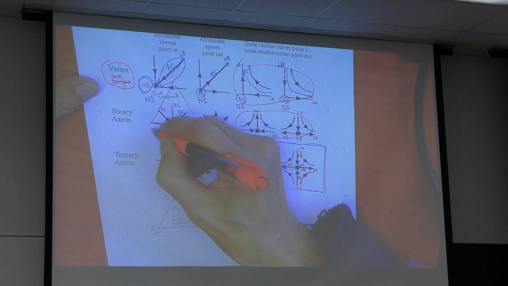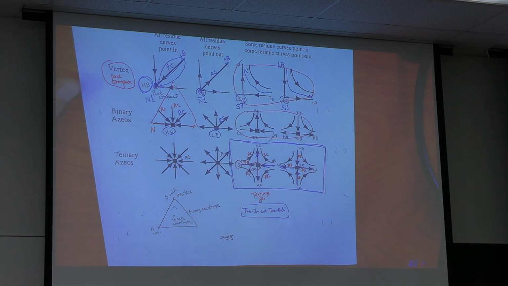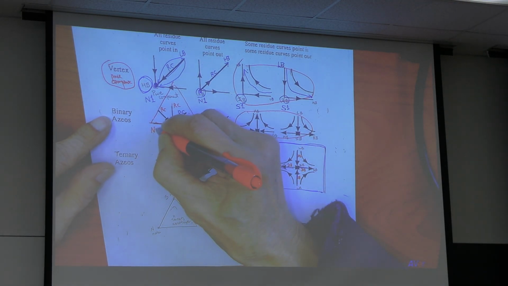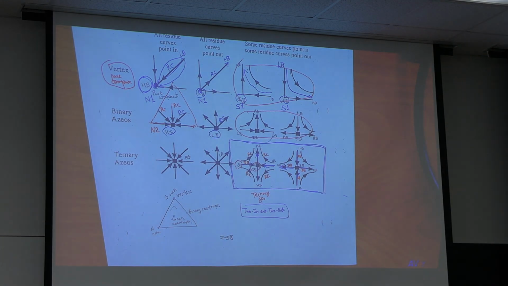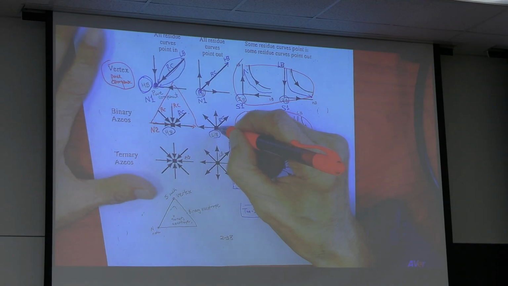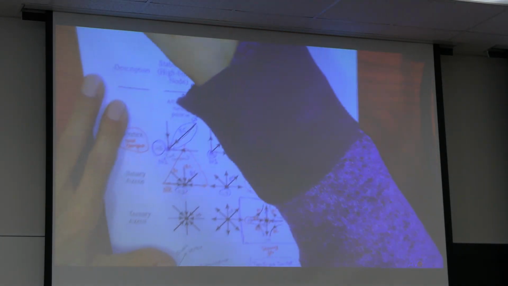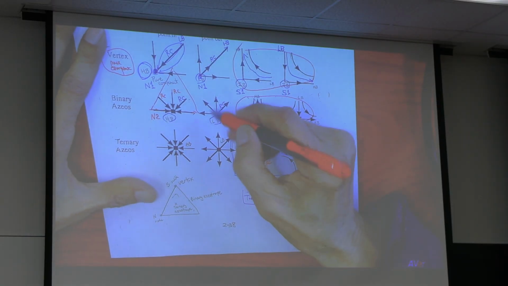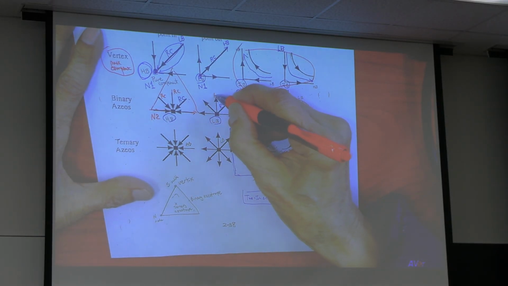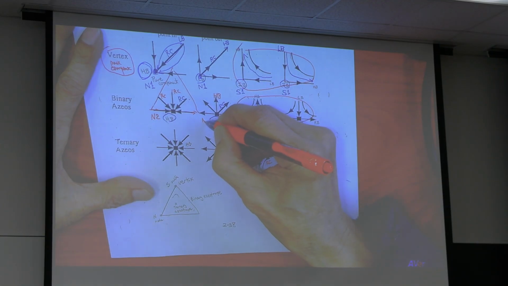So this is node, but with two components, called N2. This on the side of the triangle, low boiling going to high boiling. This is node, two component.